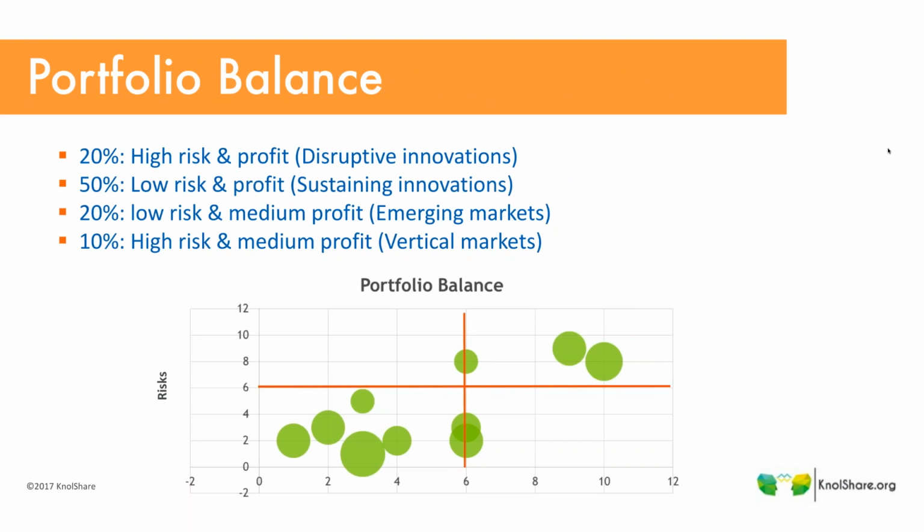Now, there's lots of stuff going on the screen, and what you really want to focus on is how do you split up the portfolio of work, all of those strategic themes that you have, and try to ensure that we spread the risk out in different ways or opportunities. So we could say 20% of all of our stuff that we're going to have in our portfolio will be high risk and high profit.